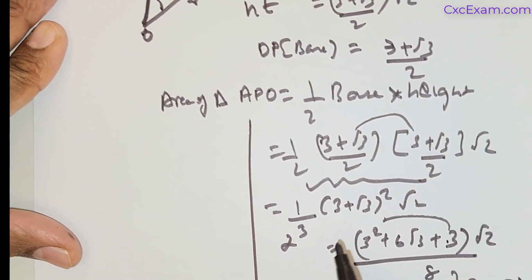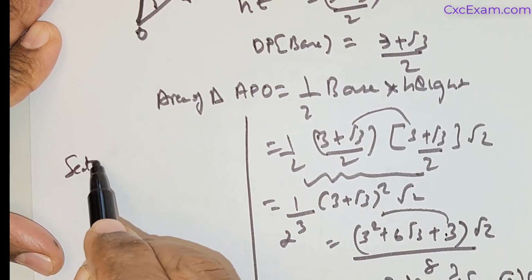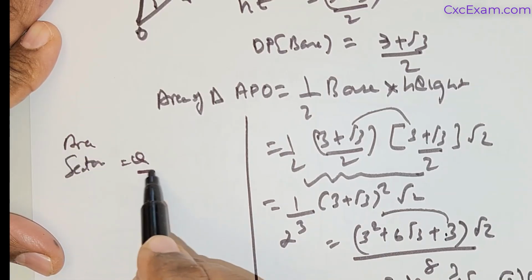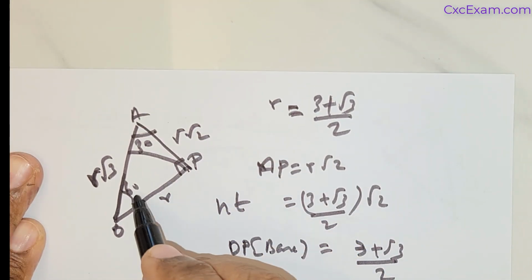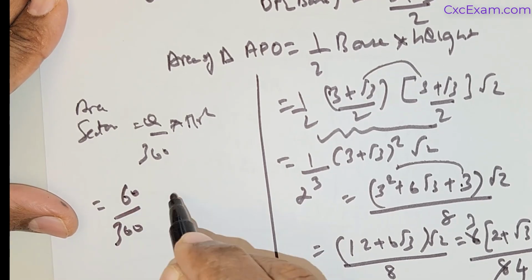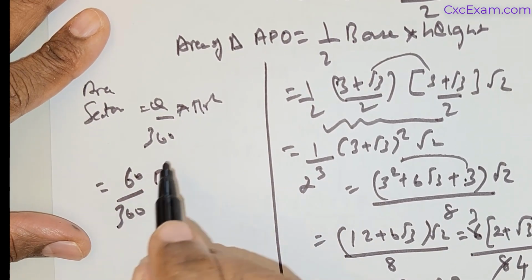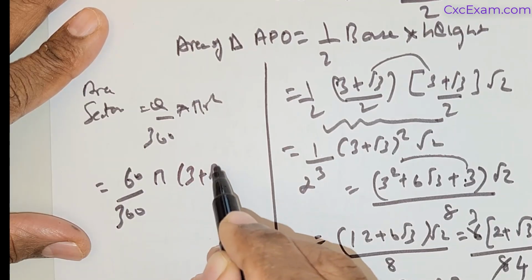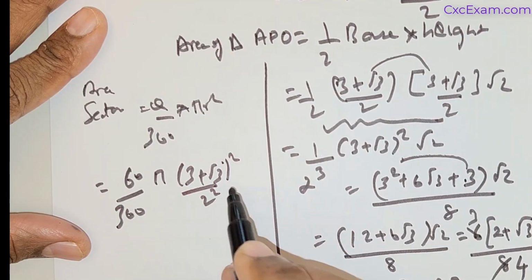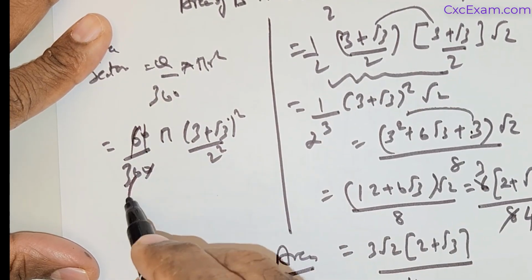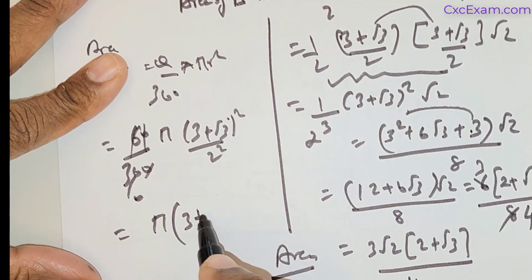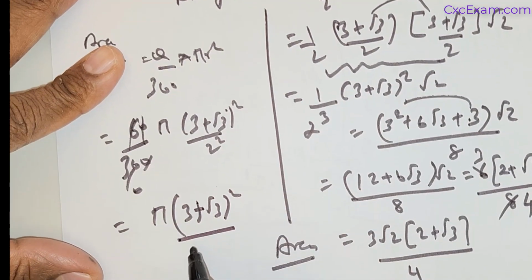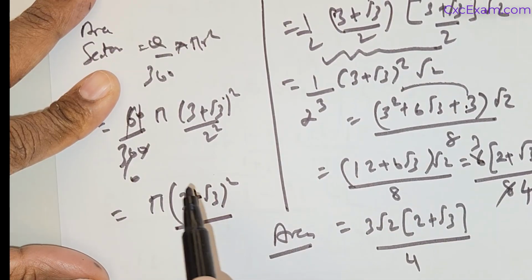Now, coming to the sector area. Sector area is equal to theta over 360 multiplied with pi r squared. Now this is theta, this is 60 degrees, right? So 60 over 360 pi times r squared. r is (3 + root 3) over 2 squared. So this 6, so pi times (3 + root 3) squared divided by 4, right?